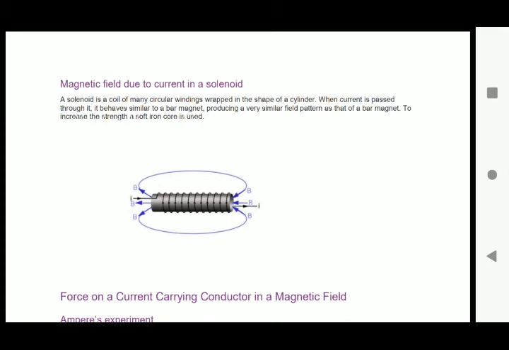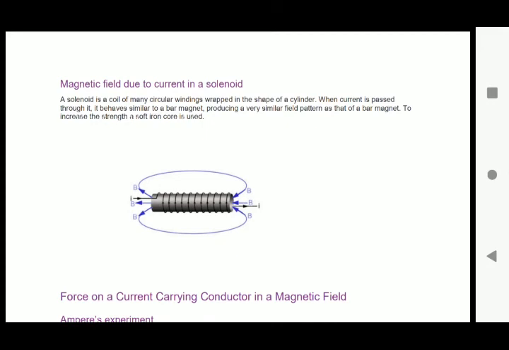The magnetic field produced by a current carrying solenoid is similar to the magnetic field produced by a bar magnet. In the previous classes I explained the magnetic field lines produced by the bar magnet. In that we have seen that in the case of a bar magnet, the magnetic field line starts from the north pole and ends at the south pole.